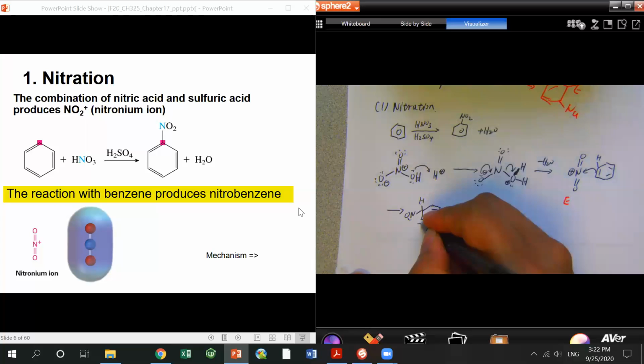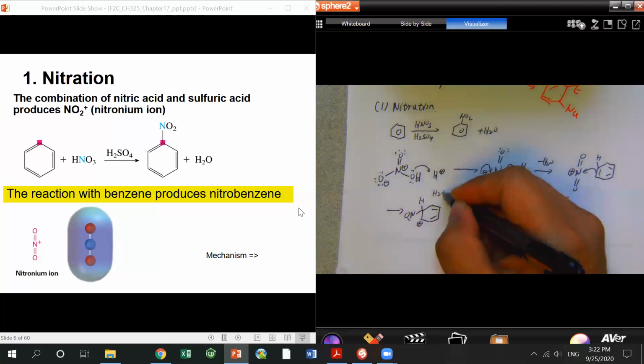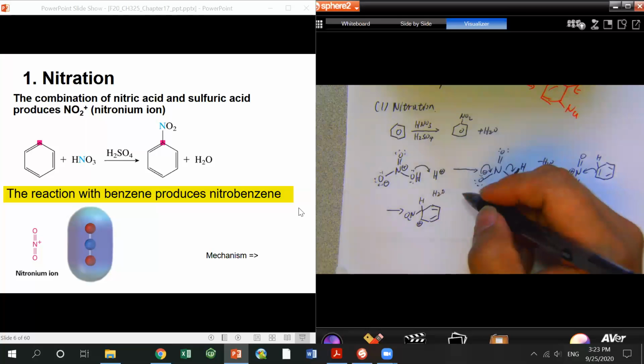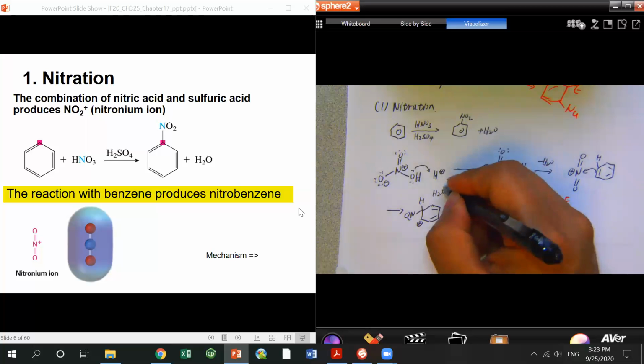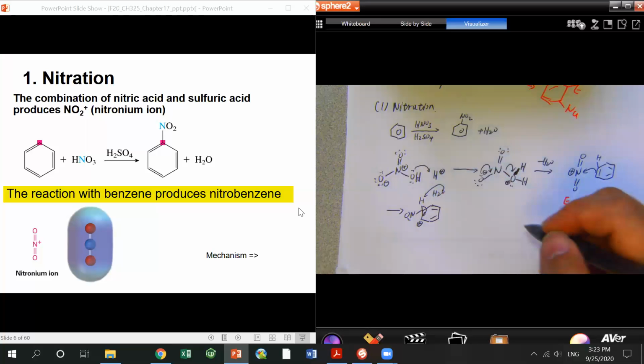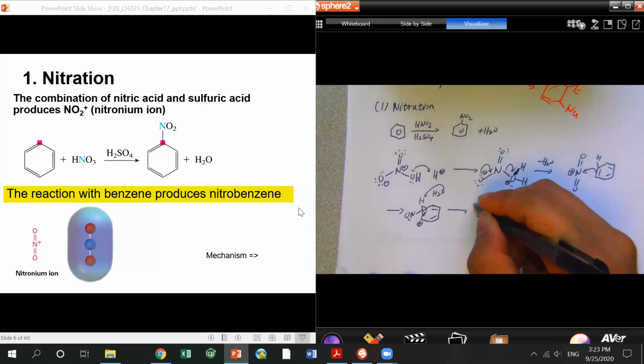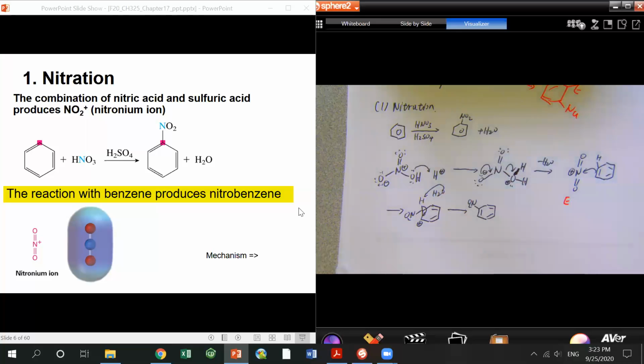There's the cation, and then some base comes in, normally just this water, or maybe bisulfate, picks up this hydrogen, and then resumes the aromaticity, giving you back that bond.